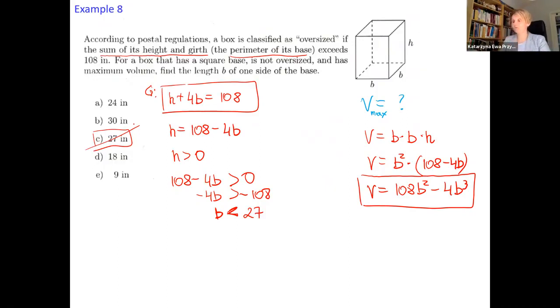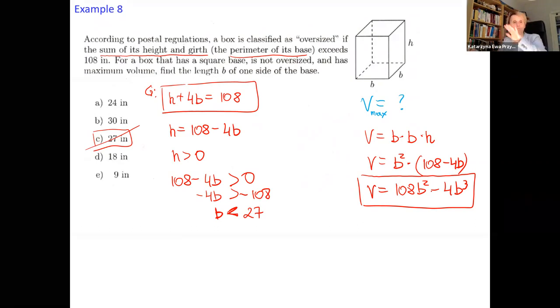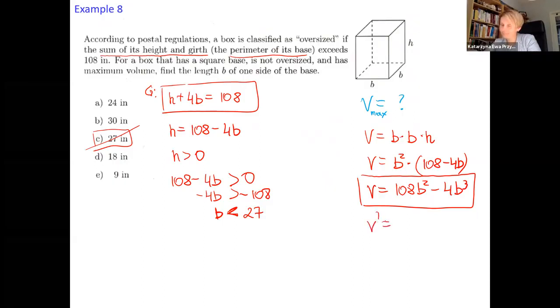Okay, and now looking again at the volume formula, it's the b cubed negative. It will go down. We have to maximize the volume, then a critical point that is a local maximum will be the absolute maximum. Okay, for the critical numbers, we need the derivative. Derivative of 108b squared is 216b minus 12b squared.